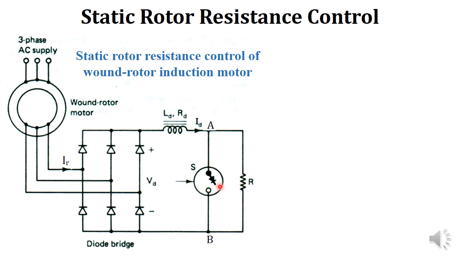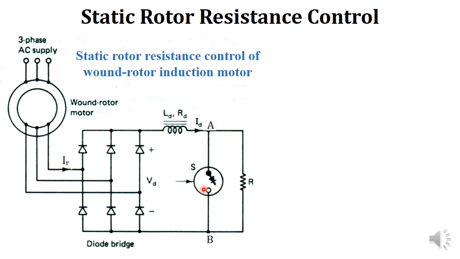This is a power electronic switch. It may be a MOSFET or any kind of power electronic switch that can be controlled by controlling the gate signal. So by controlling the duty cycle, that is the duration for which the switch remains on, we can control the effective resistance across these two terminals.